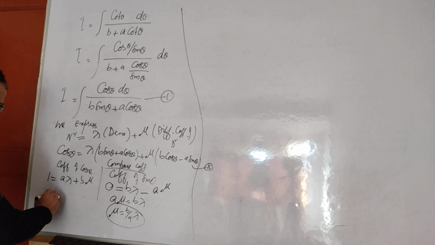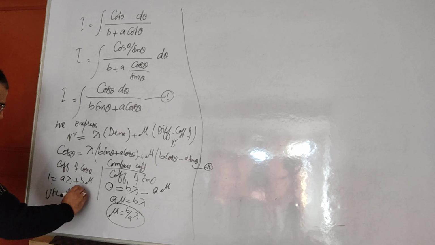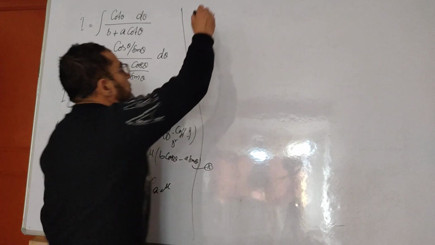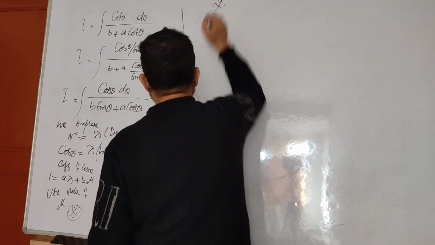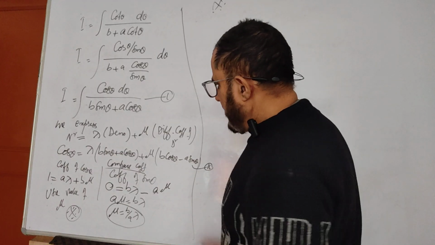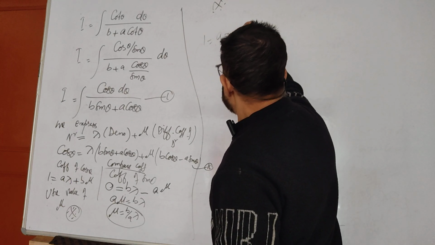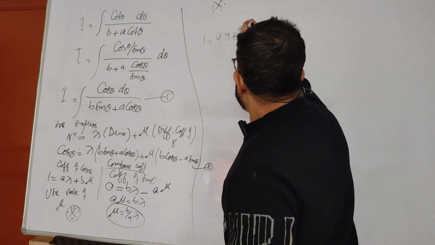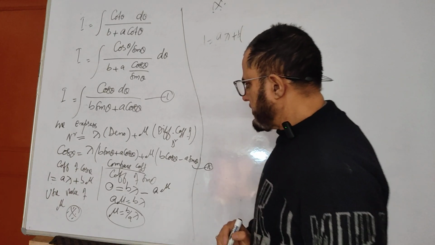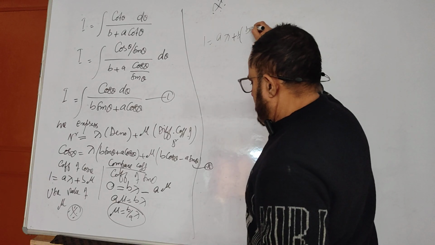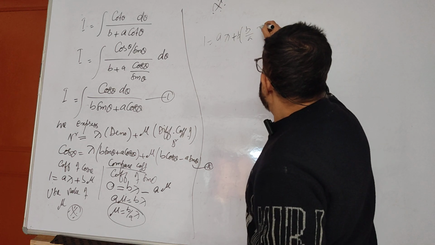Now use the value of mu here. What do you get? It is 1 is equal to a lambda plus b times the value of mu, which is b by a lambda.